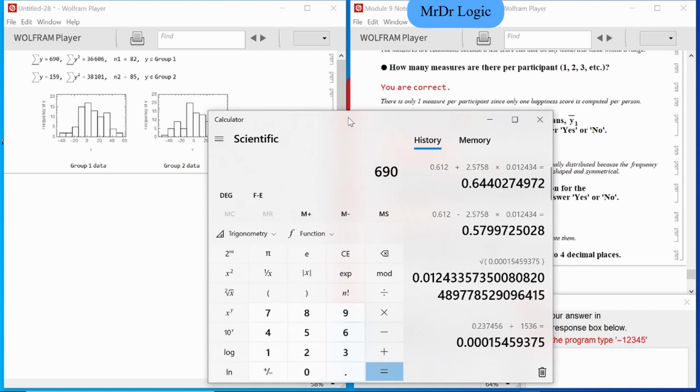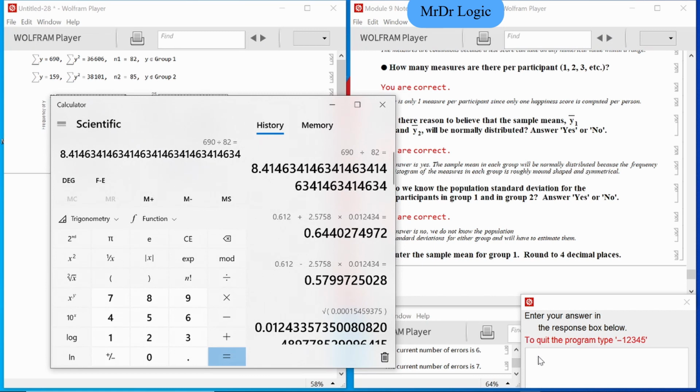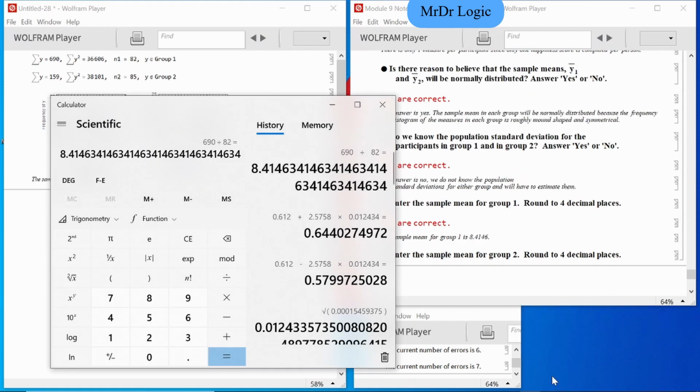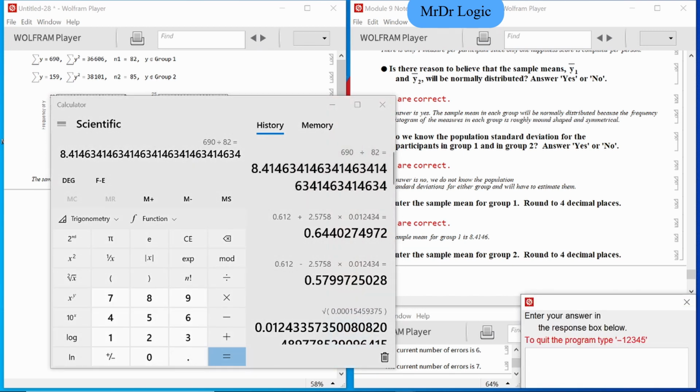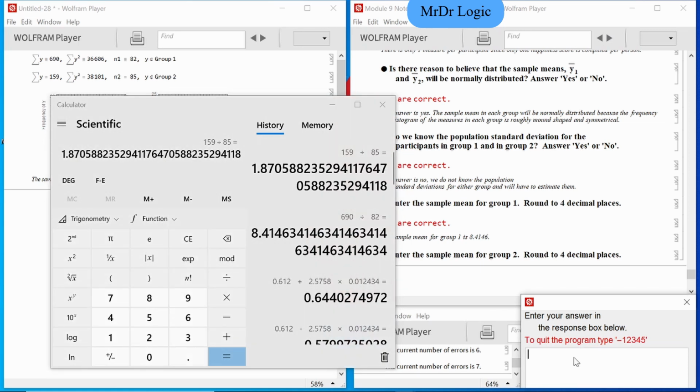Okay, 690 divided by 82 is 8.4146. Okay, 159 divided by 85 is 1.8706.